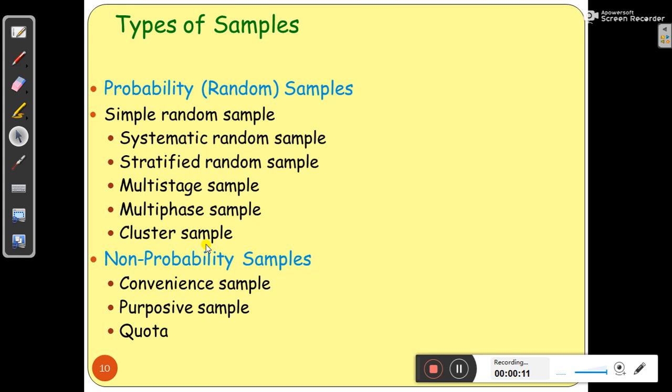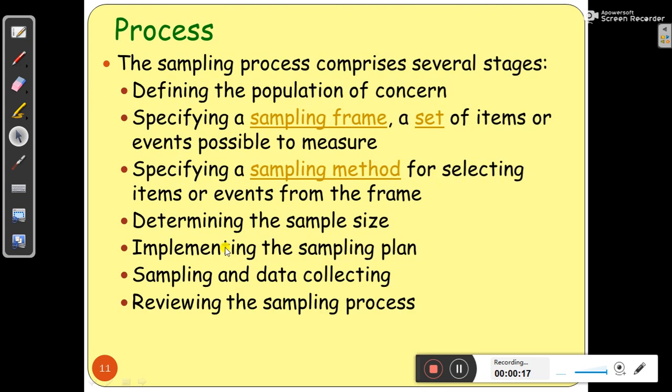So, next slide is: the sampling process comprises several stages. First you need to define the population of concern, then define the sampling frame, or set of items or events possible to measure, specifying a sampling method for selecting items or events from the frame.